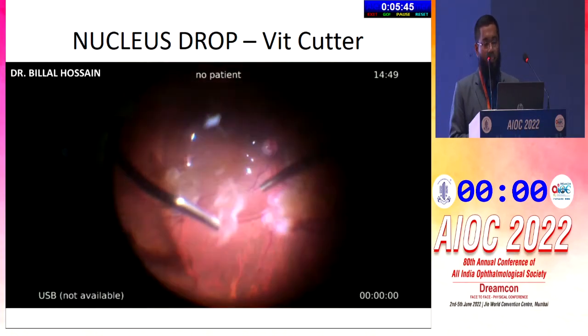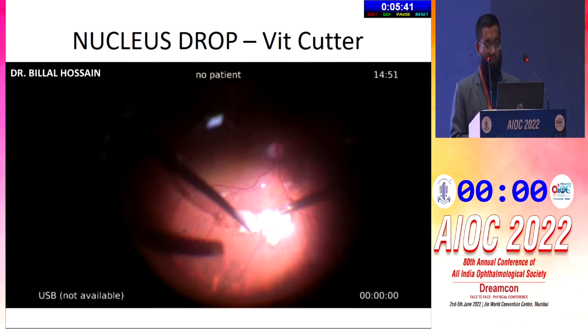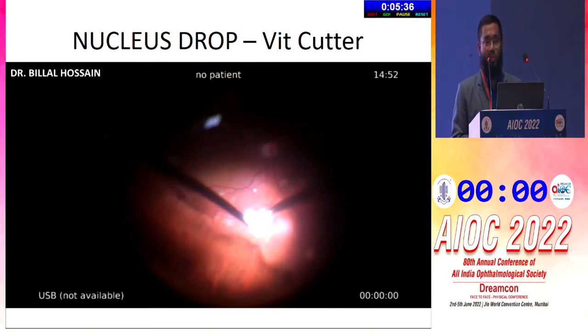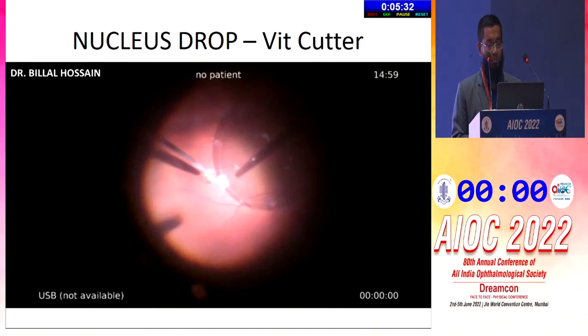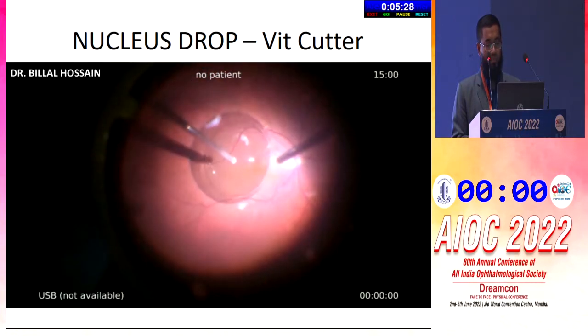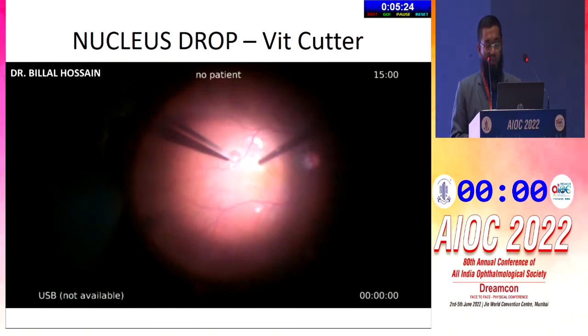Then PFCL was introduced just behind the nucleus. As this nucleus was a bit softer, the vitrectomy cutter was used to manage the dropped nucleus. After removing all the nuclear matter, we carefully removed the PFCL.